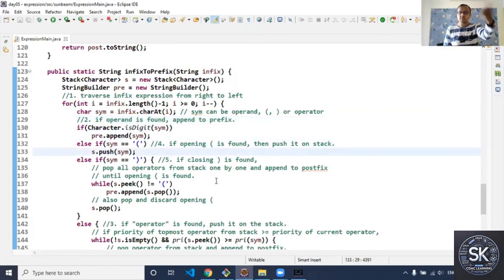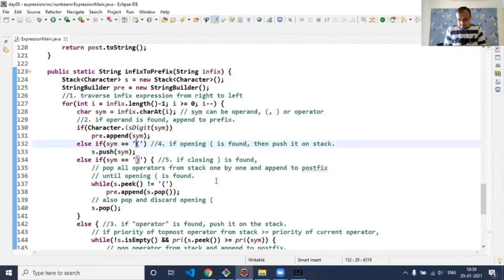नाउ जस्ट रिवर्स द एल्गोरिथम. सो इफ क्लोजिंग इज फाउंड, क्योंकि हमें पहले क्लोजिंग आने वाला है. If closing is found, push it onto the stack. Okay, that is good. And if opening is found, pop all operators from the stack one by one until closing is found.